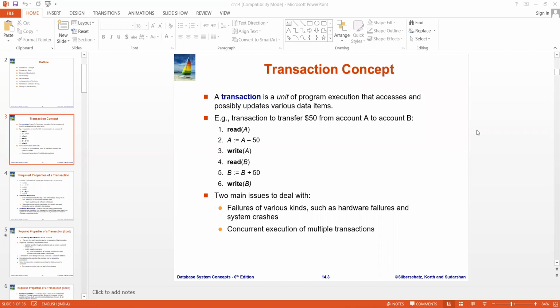Okay, so how many instructions in this transaction? 6. The challenge is, if in this transaction where you are trying to transfer amount from account A to account B, there is a power failure in between, what will happen? Amount will get deducted, but it will not get transferred. It's a very, very heavy loss for that particular user.